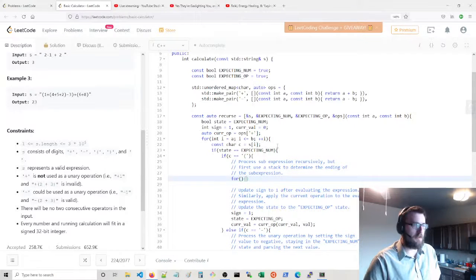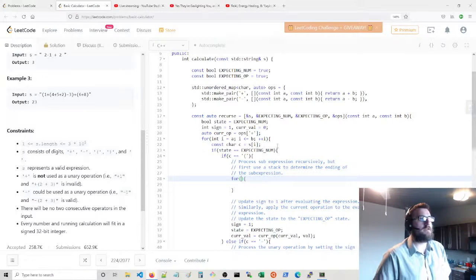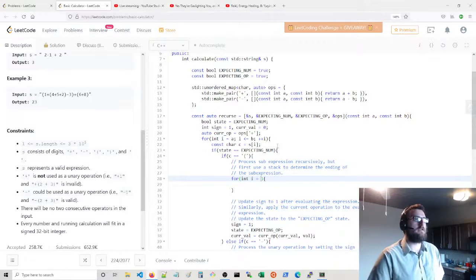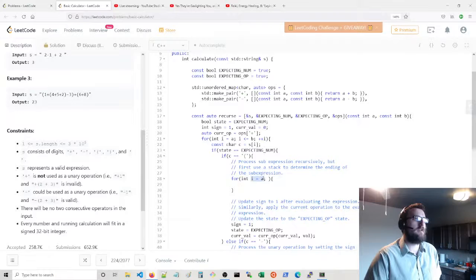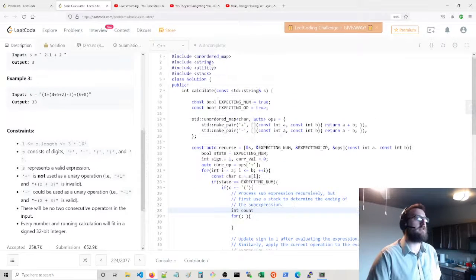I think that's fine. There's going to be i equals 0, or we could use j. Actually, you are going to move i all the way through. The way it's going to work is you just need a count. You don't really need a stack.